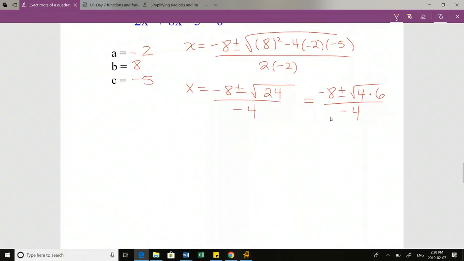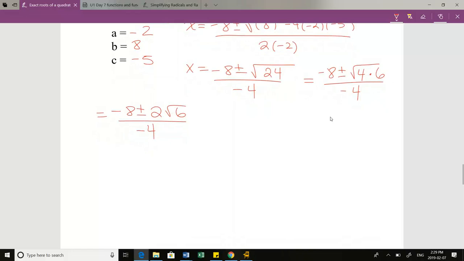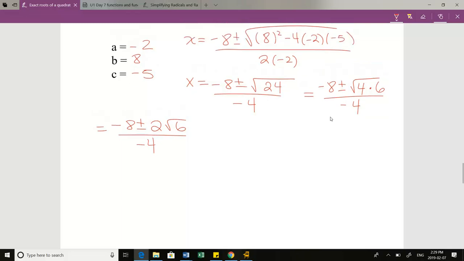Okay, and then we'll square root the perfect square part of that, which will give us 2 root 6. Any questions so far on those first couple steps?